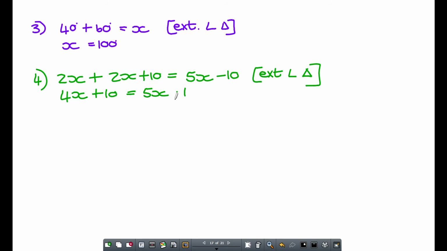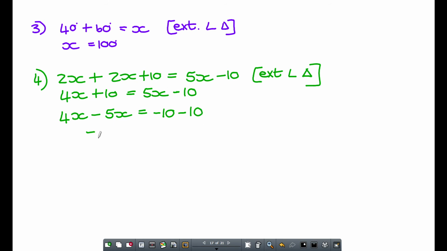Okay, now normal unknowns to the left. So I had 4x here. Let's take that 5x over, so it becomes minus 5x. Normal numbers on the right. The minus 10 was there. Take this 10 over, so it becomes minus 10.